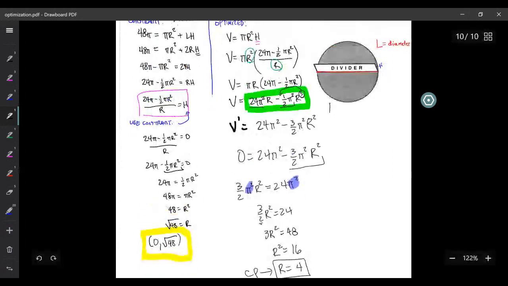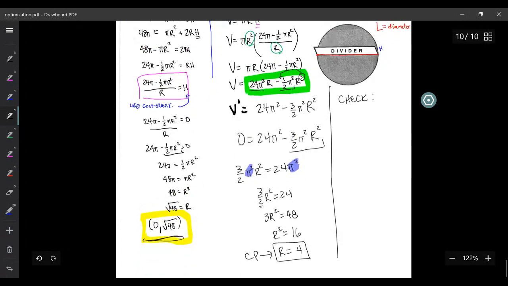Now we're going to check. The fact that we have an open interval means I can't use the EVT. What I can do is use either the first derivative test or the second derivative test. I have a very clean first derivative right here, so I'm going to just use the second derivative test. This is a constant, so that's 0.